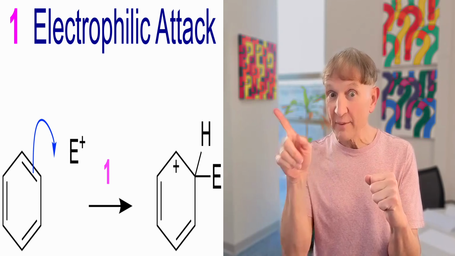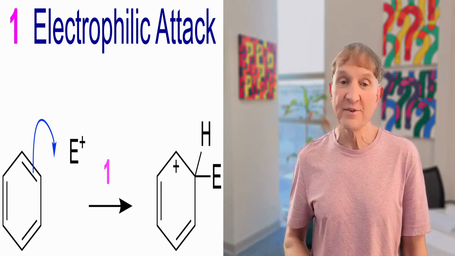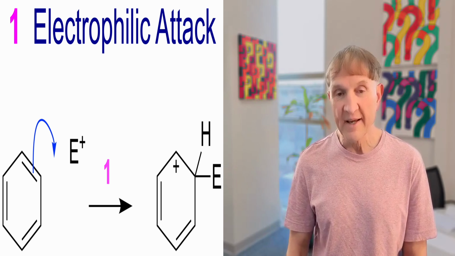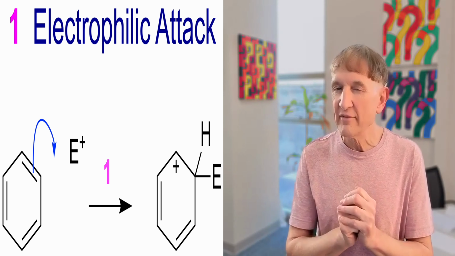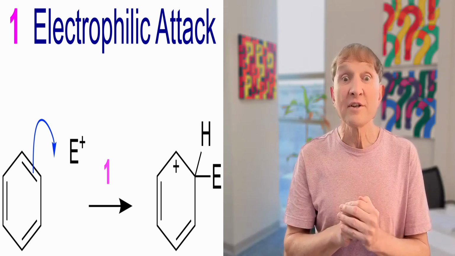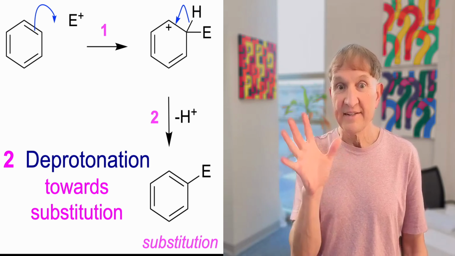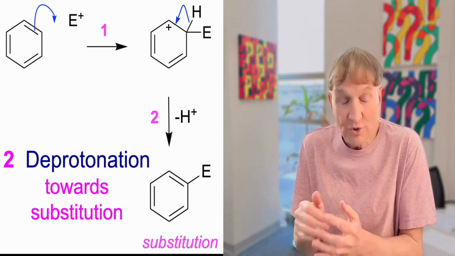Don't forget to draw in that proton. Delocalize the carbocation if you need to show it's stabilized a bit, but not as much as the aromatic energy of the benzene was giving us in the first place. That first step is usually the slow one. Second step is deprotonation, regenerating the aromatic energy to give a substitution product.